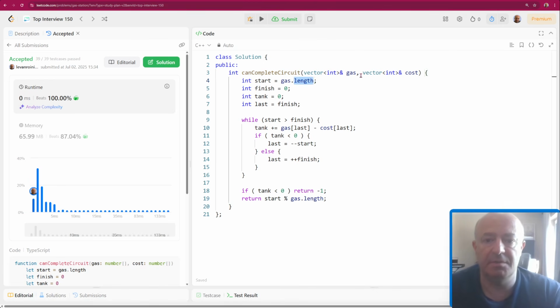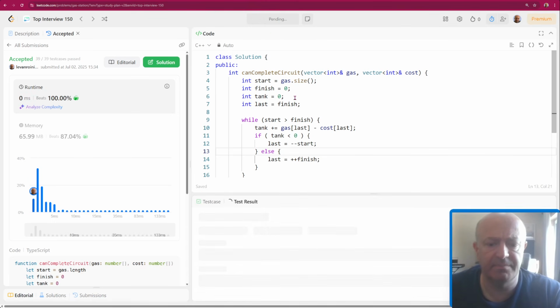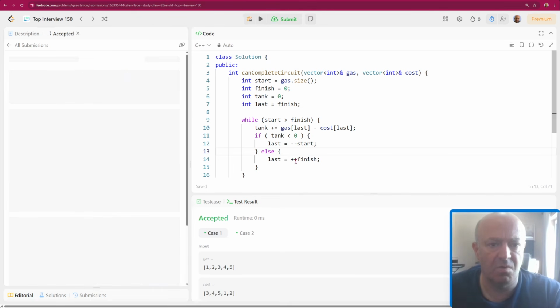So length is size, and here it's size. Well, that's our C++, right? Let's try to run it on pretests. Okay, and submit. What's going to happen here?